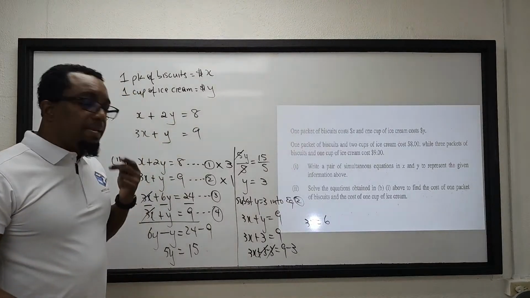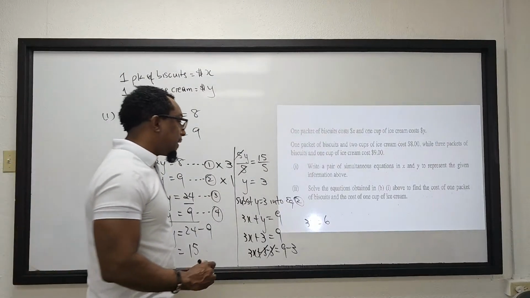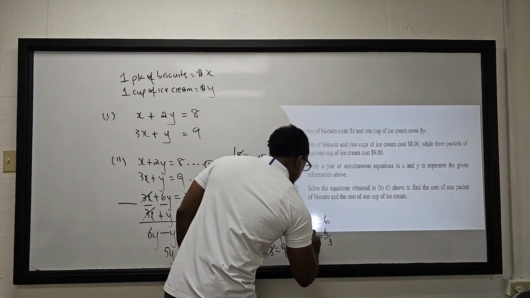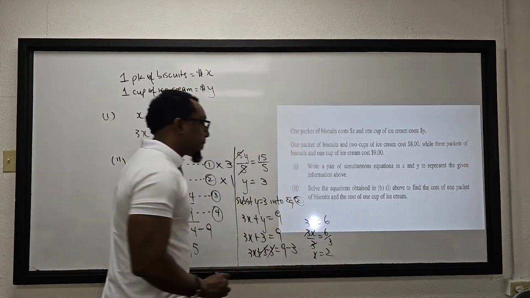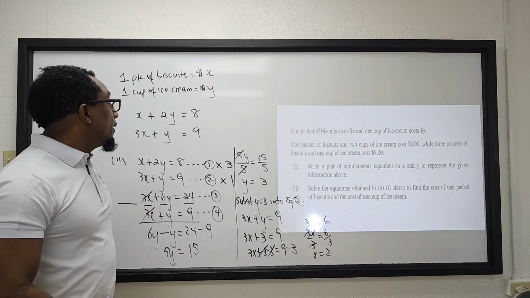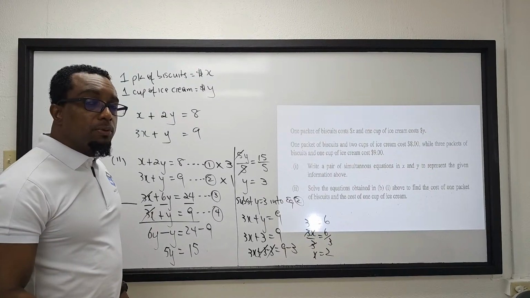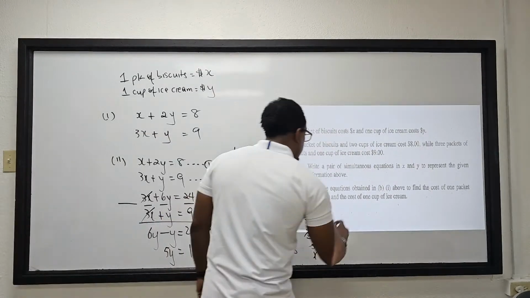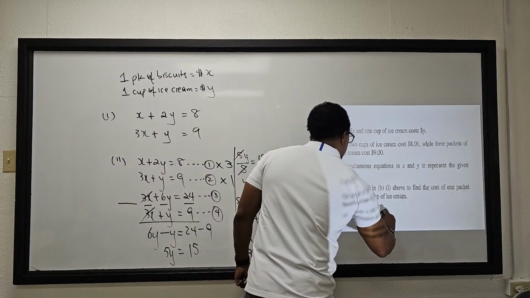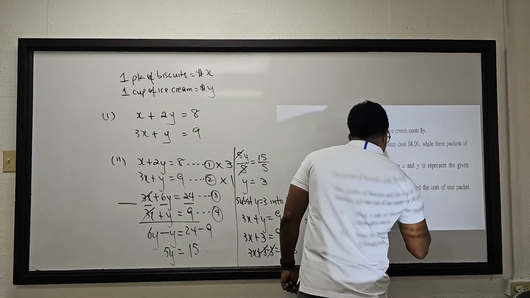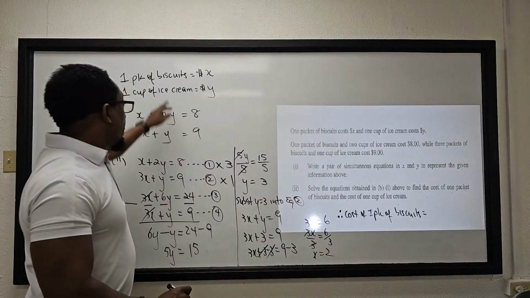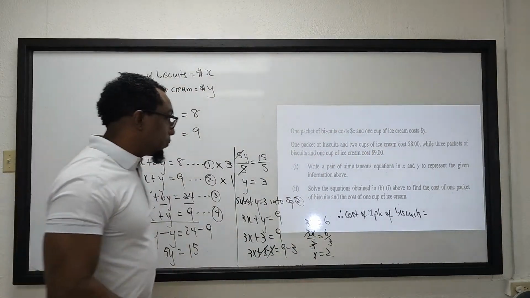And therefore, to make x the subject, I divide both sides by 3. x is equal to 2. So what we have done here is we have found the cost of a pack of biscuits. Of course, biscuits will be x. So the cost, we always state that here, therefore, the cost of 1 pack of biscuits, which is x, that is $2.